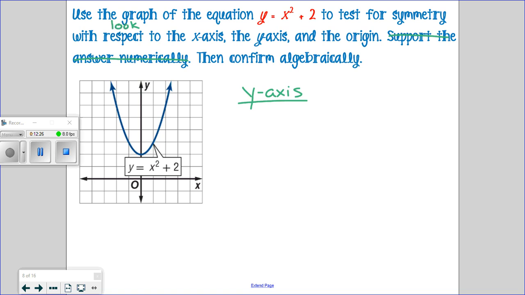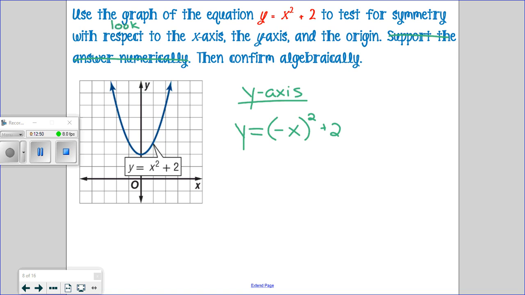That's my visual. Now my confirming algebraically. Remember what our rule is. If it's x-axis or y-axis, replace the other letter, right? So in the equation, if I think this is y-axis, I'm going to replace x with negative x. And then I clean it up. So this is where we're going to have a little bit of algebra reminders in our cleaning it up process.